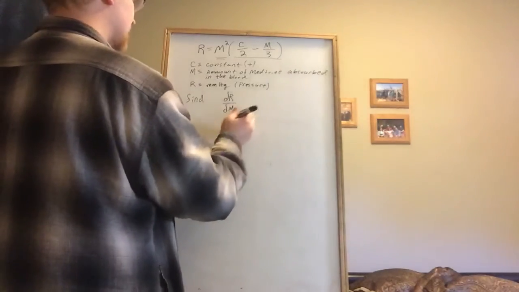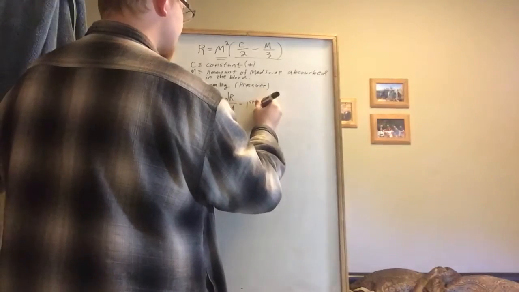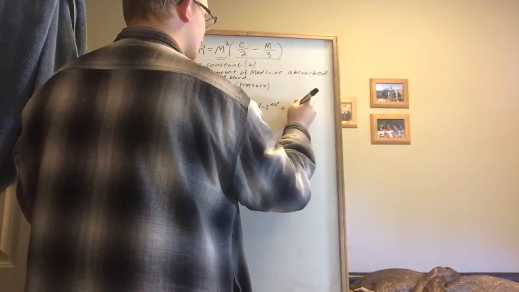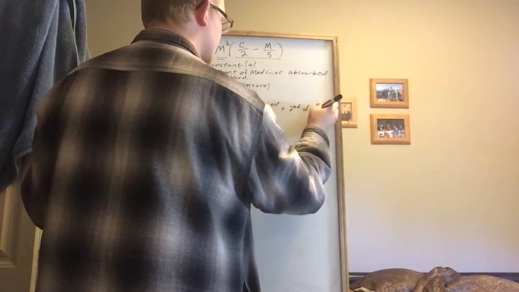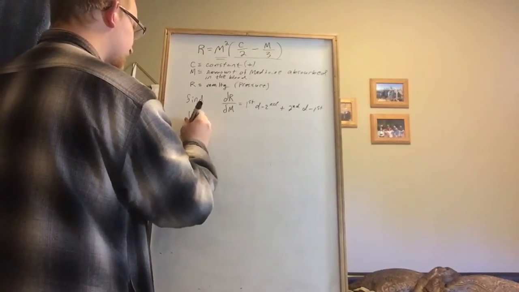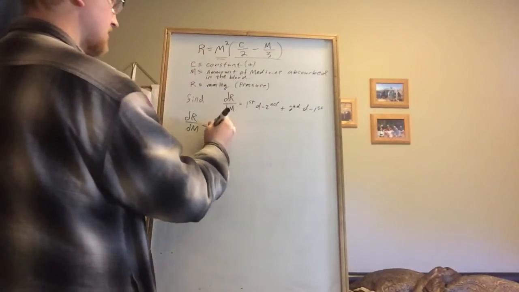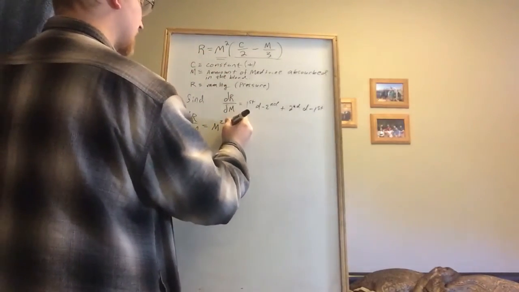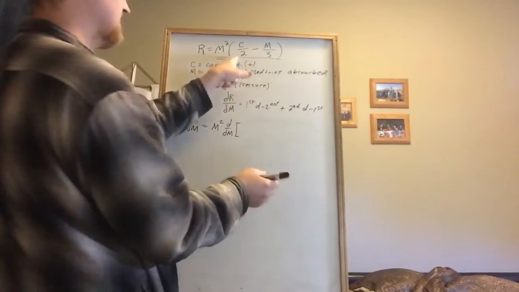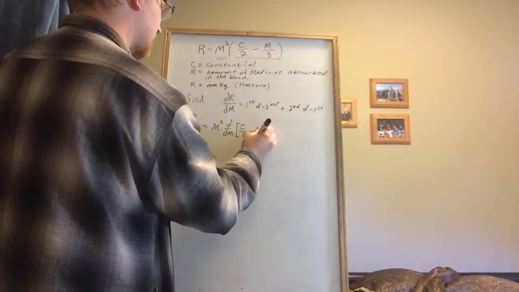So dr dm is going to be equal to, this is the saying I like, first d second plus second d first. And what that means is that I'm going to find dr dm, I'm going to take the first expression all on its own, so m squared times d second, which is d dm of this second expression here, c over 2 minus m over 3.